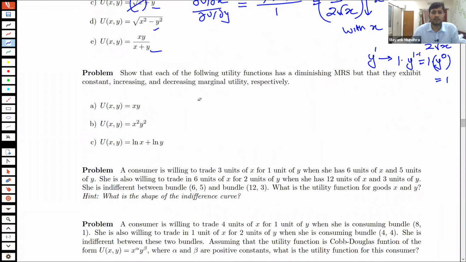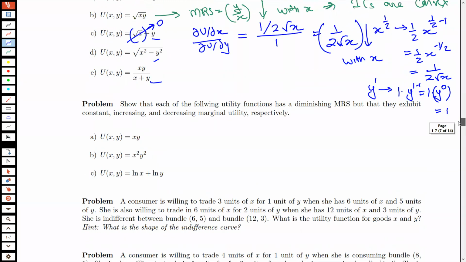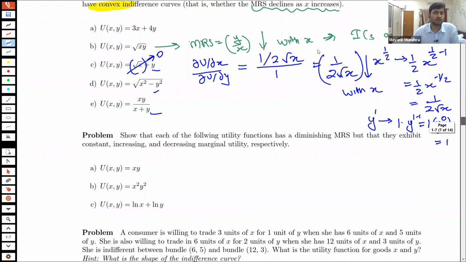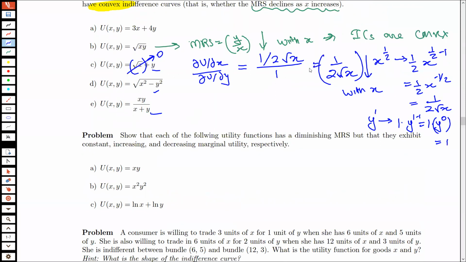Yes, Kritika. So we can also differentiate MRS with respect to x, and if it is less than 0, then it is convex. Yes, if you want to do that, for the functions where we can't find out directly, definitely you are correct that you can go one more step and check it. But I don't want that complexity right now.